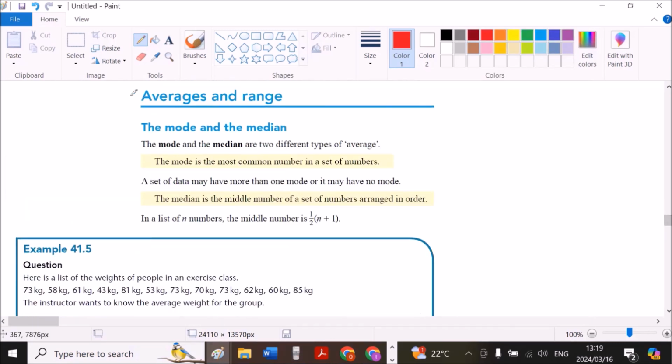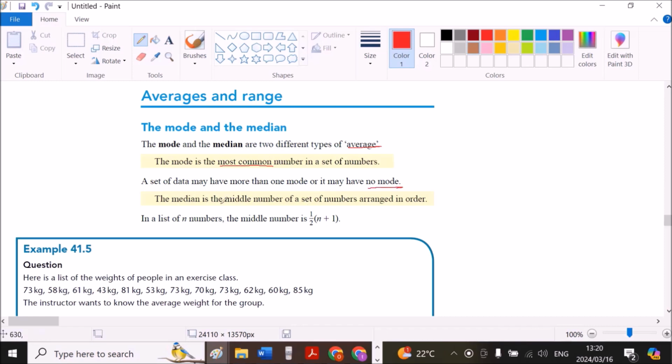Now we move to averages and range, the mode and the median. The mode and the median are two different types of averages. The mode is the most common number in a set of numbers. A set of data may have more than one mode, or it may have no mode at all.